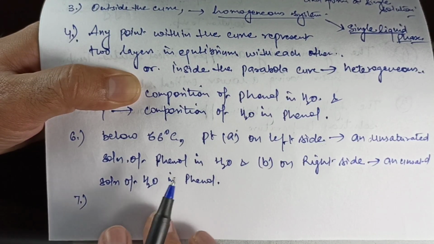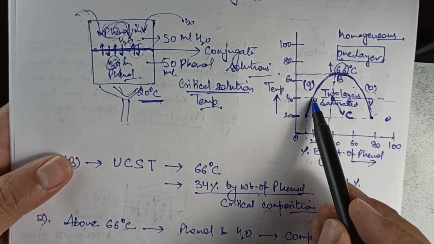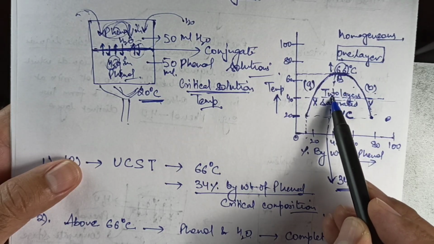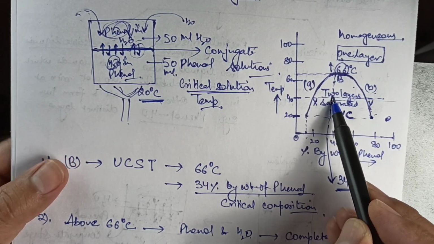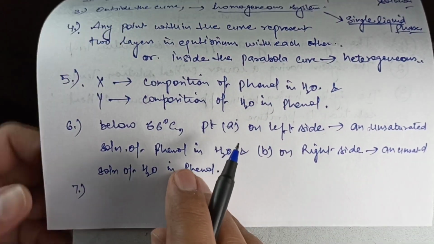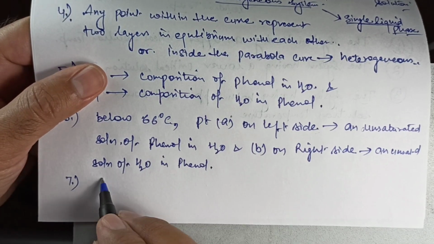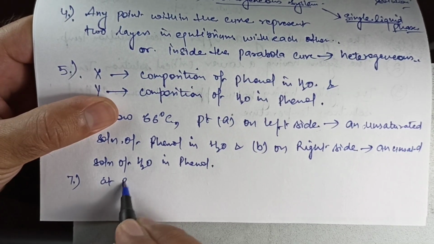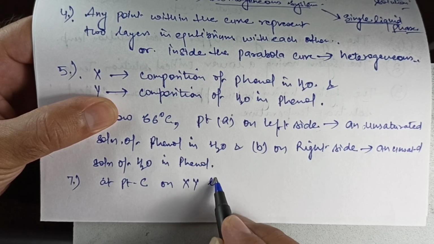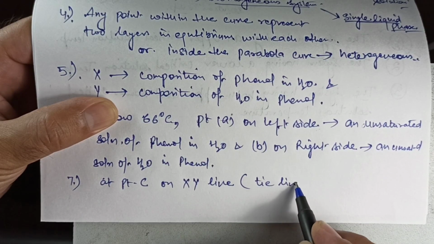Number 7, the point C, which is at the center of the intersecting lines. At that point we can easily calculate the relative mass of phenol and water at point C on the XY line, which is known as the tie line.